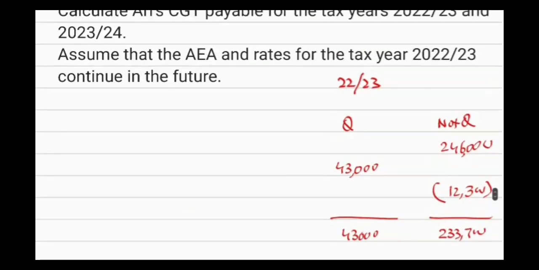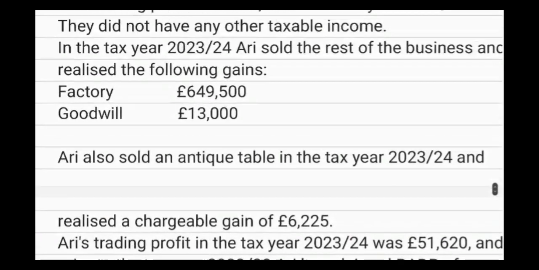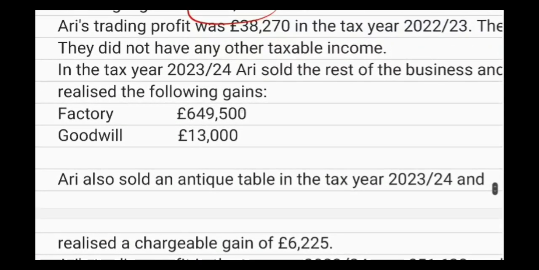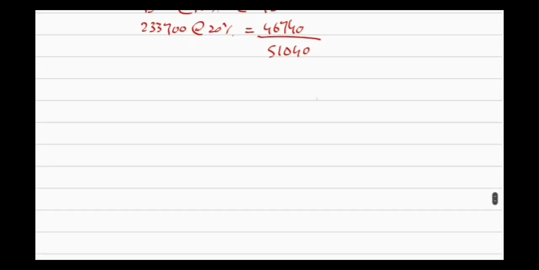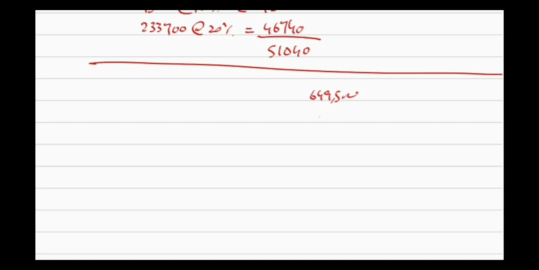Now we have to consider the second year. In the second year, the assets that qualify for business asset disposal relief are factory and goodwill, and these are 6,49,500 and 13,000, total 6,62,500.